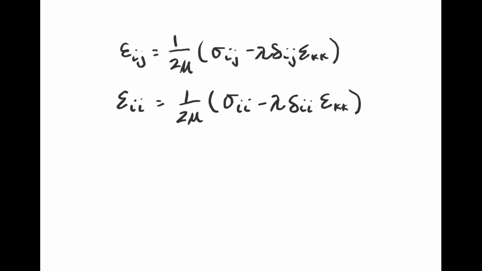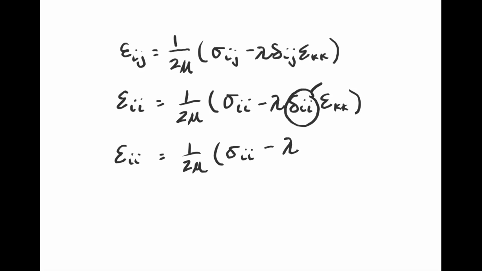Okay. So here, epsilon I 1 over 2 mu sigma I minus, since this one is lambda and this one will become 3. So dito nang galing yung 3. Epsilon kk.